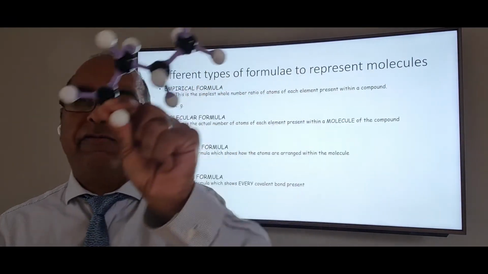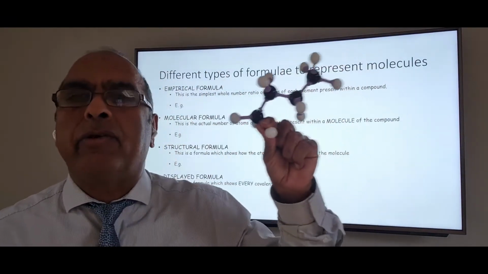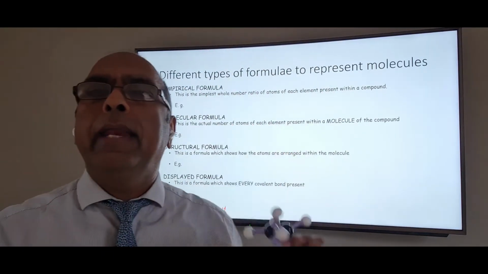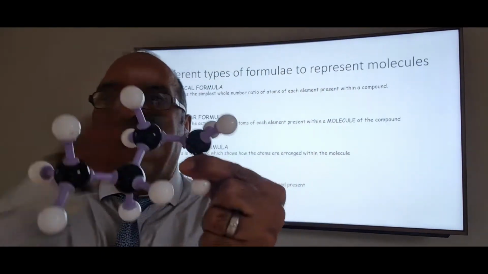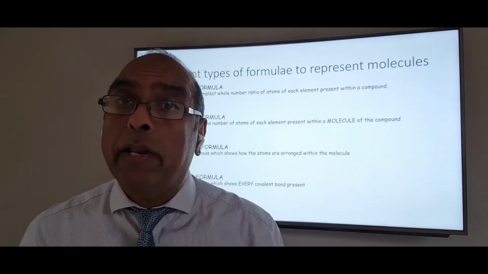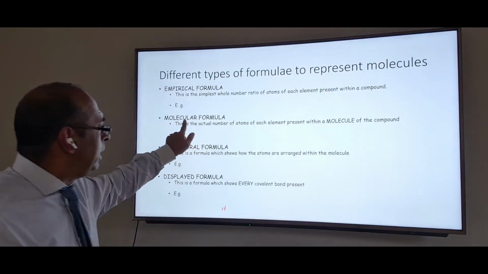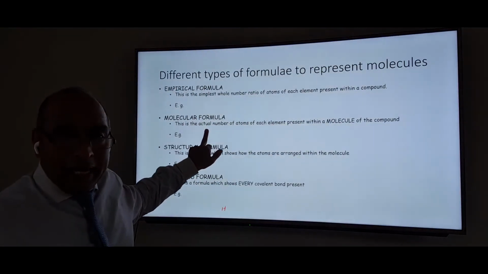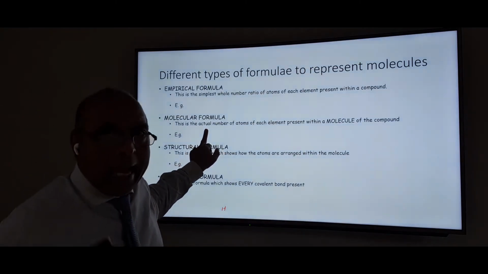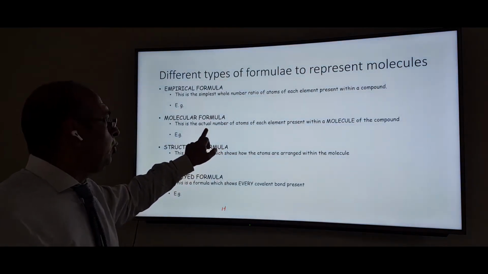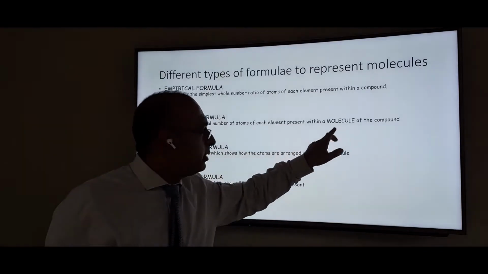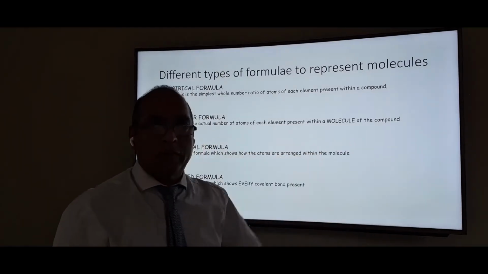How many carbons? 4. How many hydrogens? 10 hydrogens in one molecule. That collection, they're all covalently bonded together. So a molecular formula is the actual, and that's the key word, actual number of atoms of each element present within a molecule of the compound.